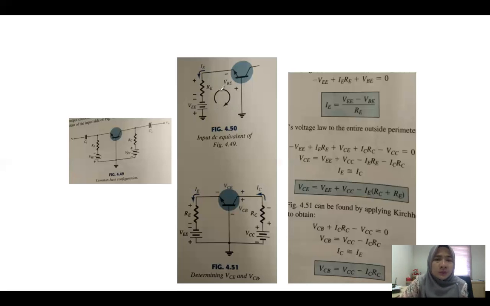So for example, this is the first loop here. If you do KVL over here, you will get negative VEE plus IERE plus VBE equals 0. And you can get IE equals VEE minus VBE divided by RE.